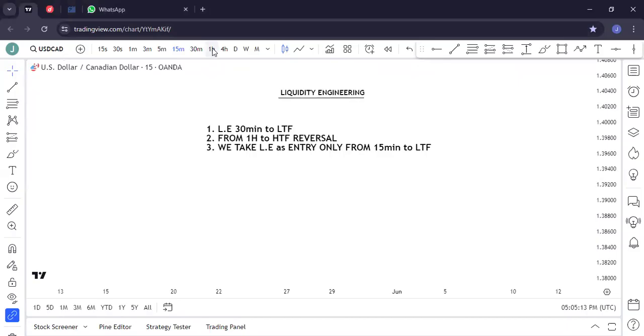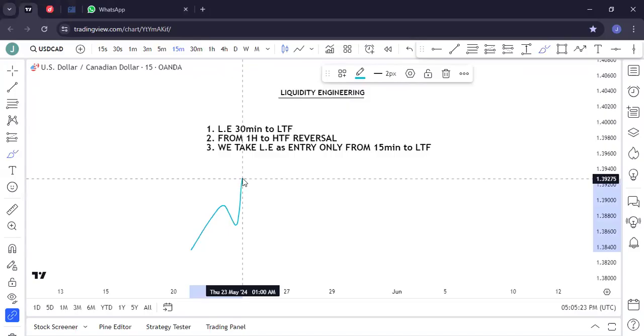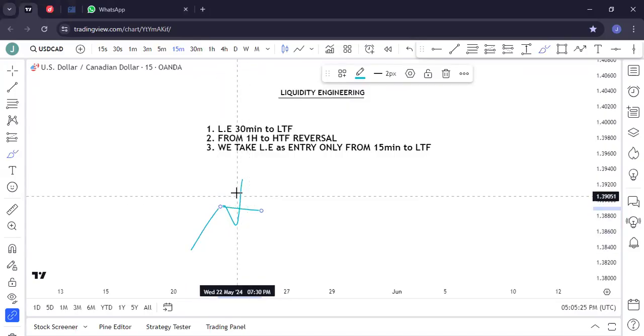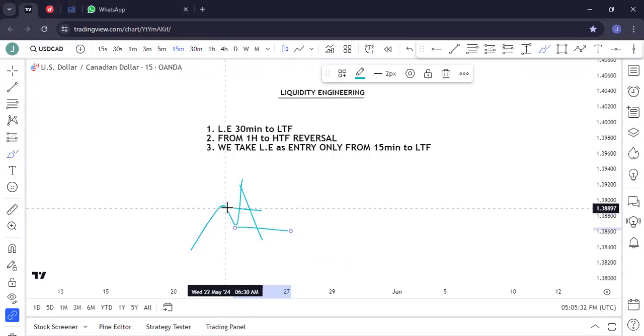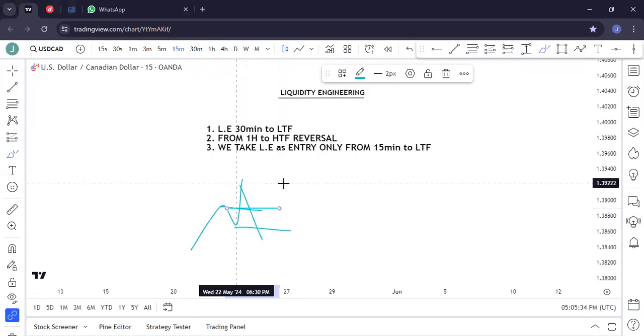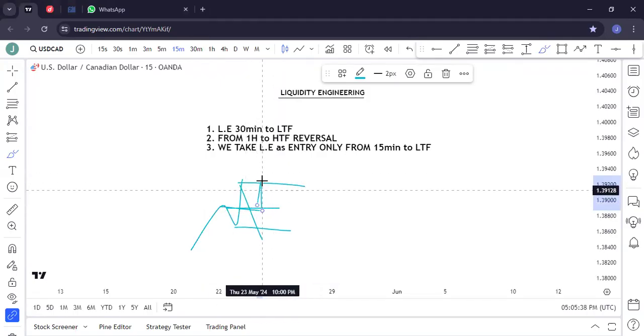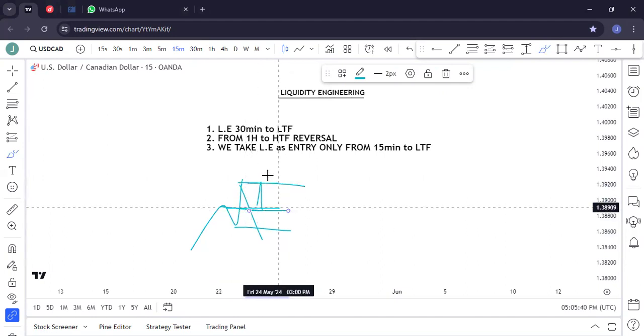And what happens from 1 hour to higher time frames? From 1 hour to higher time frames, we only call it reversal, because the risk from this point to this decline point is very, very high.